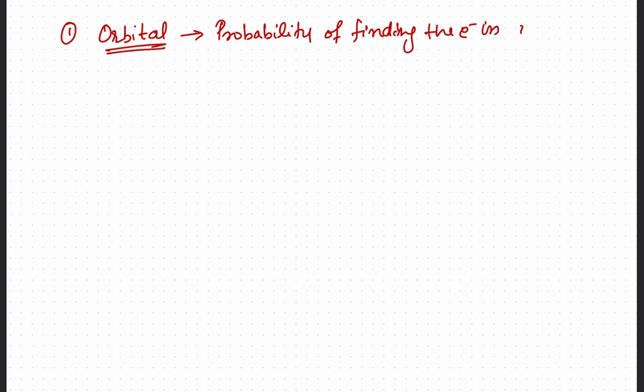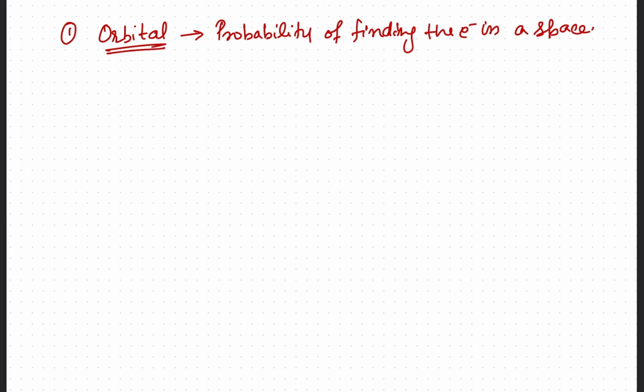Firstly, what is an orbital? Basically, an orbital tells about the probability of finding the electron in a space.